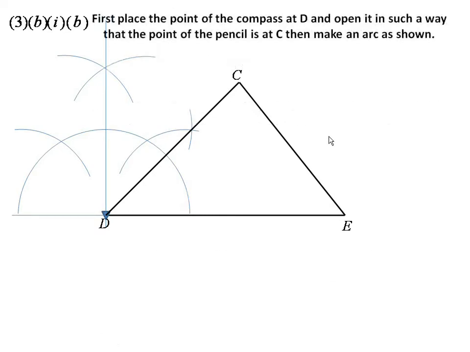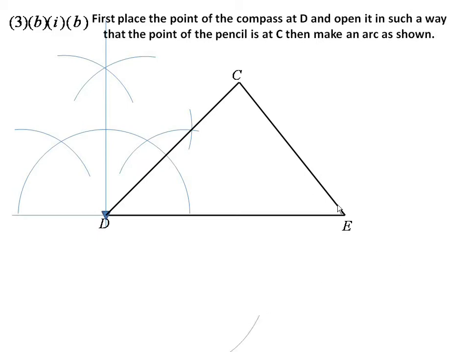Place the point of the compass at D. So put the compass point here and open it in such a way that the point of the pencil is at C. What does that achieve? We are trying to get the same length as DC down here. So there's our arc.